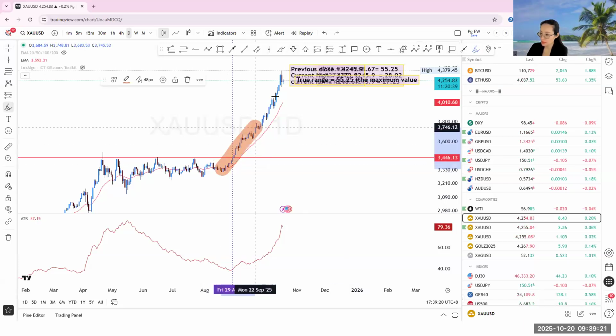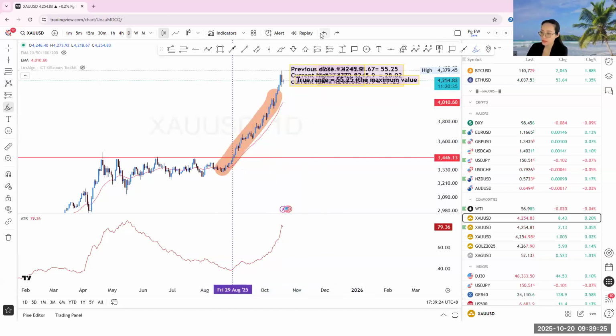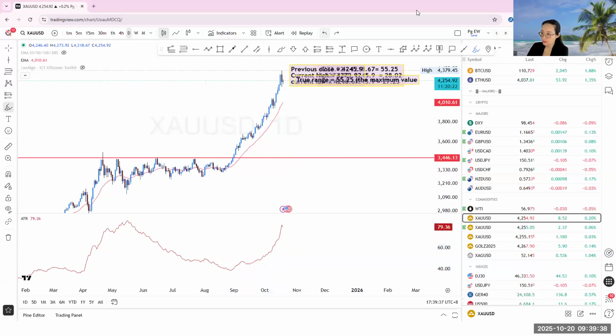This one I'm using the EMA 20 period. You can see that price has a really strong rise with a strong trend.